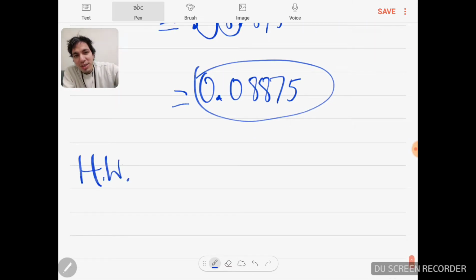As for homework, I'll let you figure out whatever state you're in, figure out what your tax rate is, and turn that percent into a decimal. That'll be your homework.